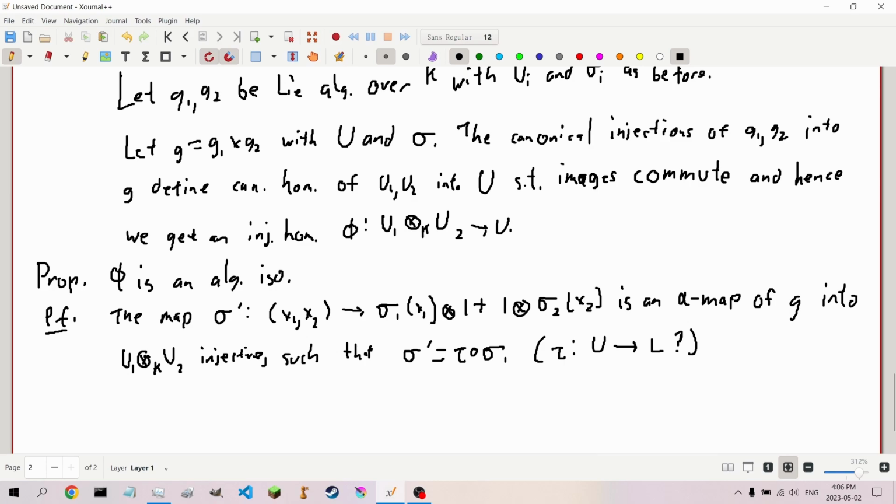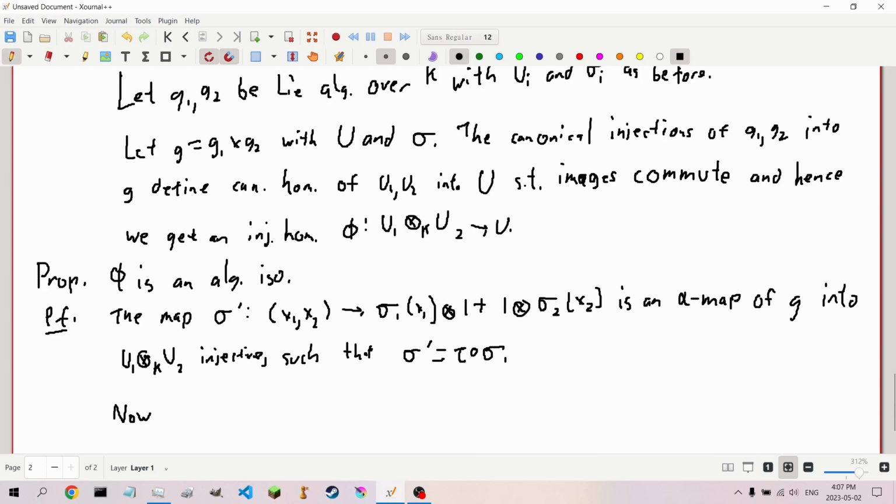You can figure out how tau works from here pretty directly, keeping in mind that sigma is the canonical injection of G into U. And then tau is just going to be splitting those things as you'd expect.